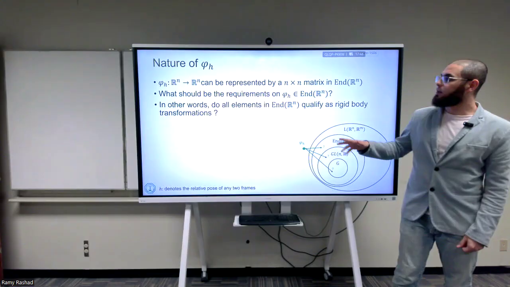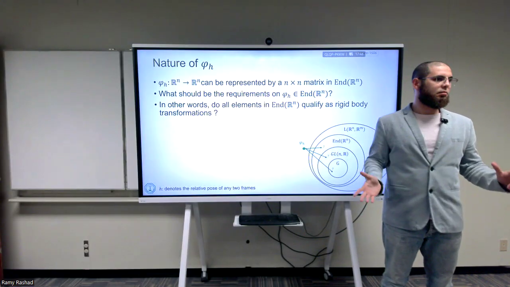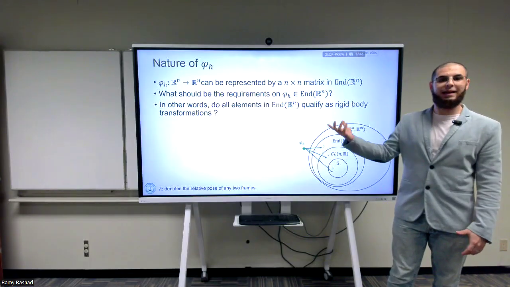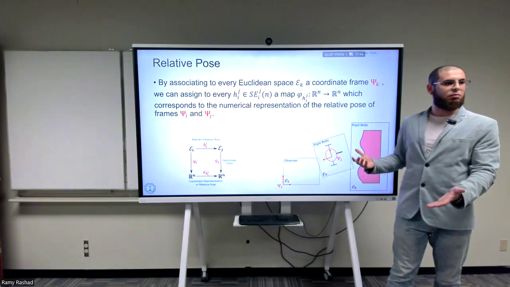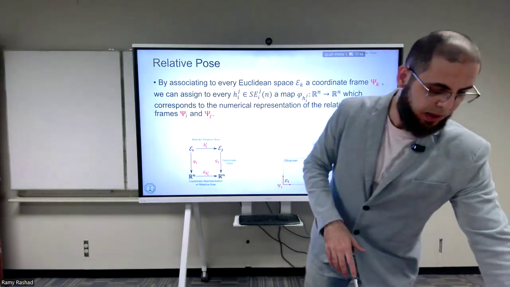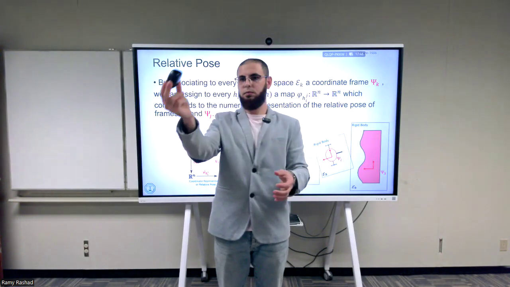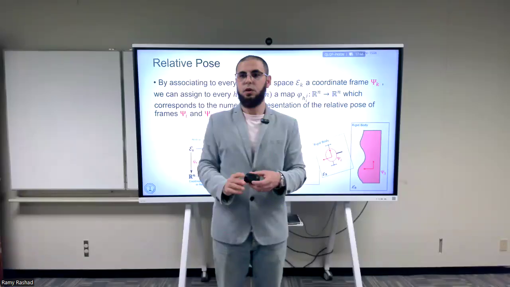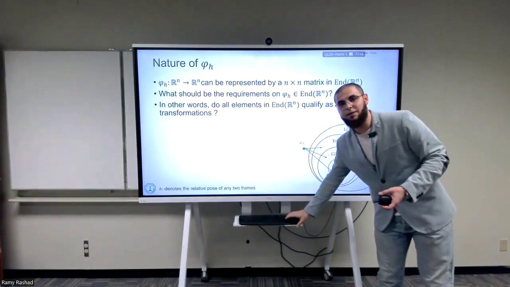The question is, what should we allow all maps on Rn to act as our description of rigid bodies? In other words, if this body moves from here to here, okay? To have a bijective inverse? First of all, that's an excellent question. Yes. Do we need to have bijection?